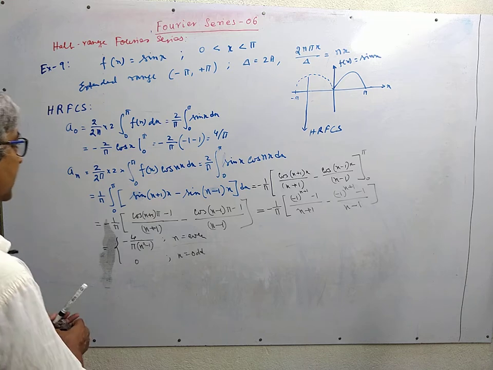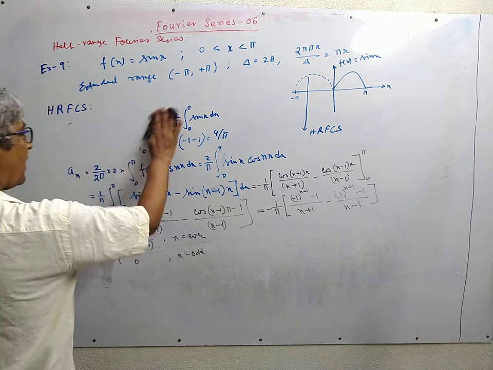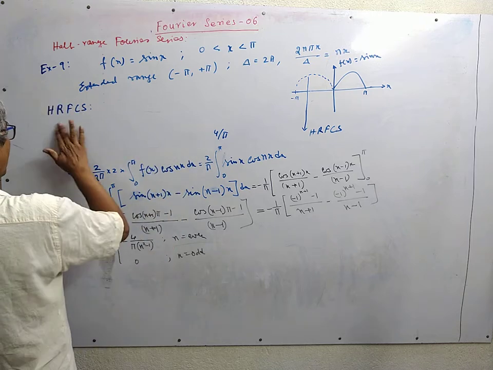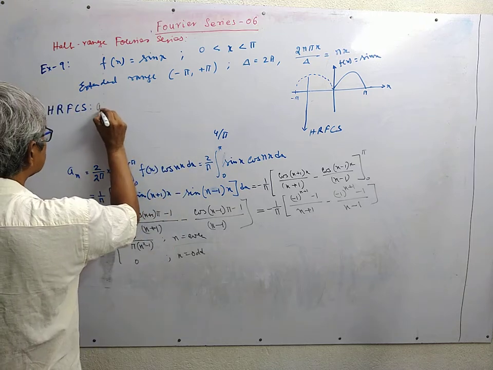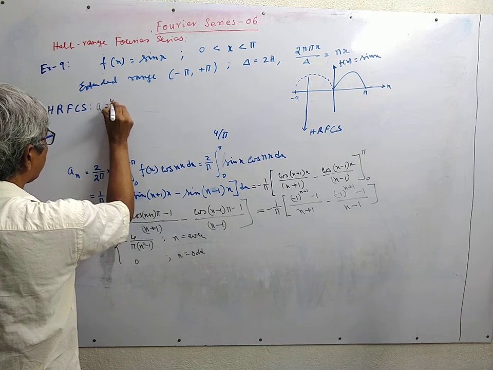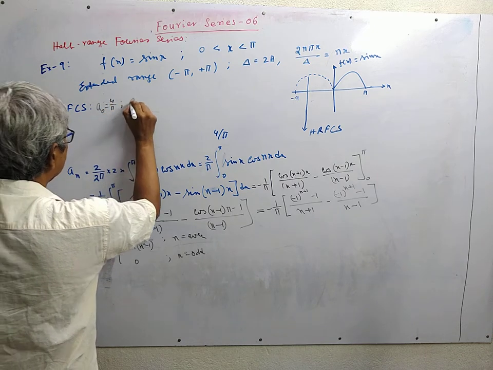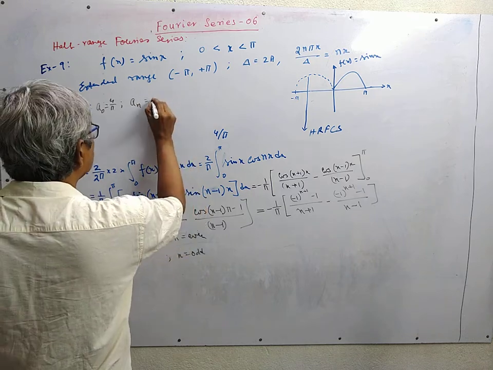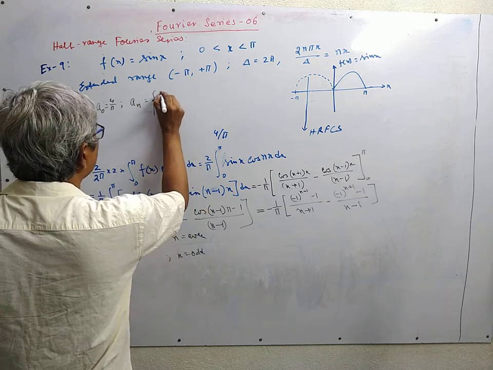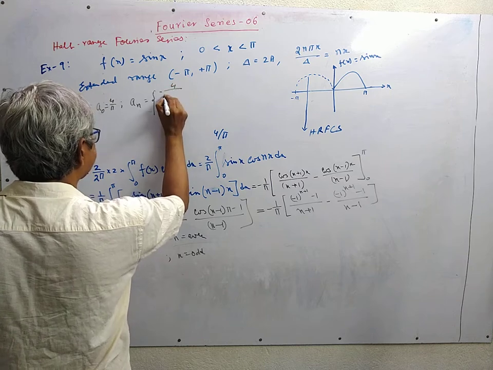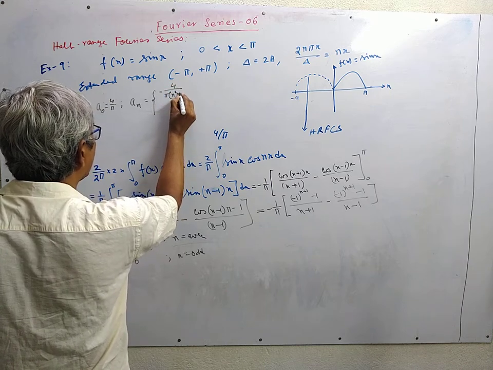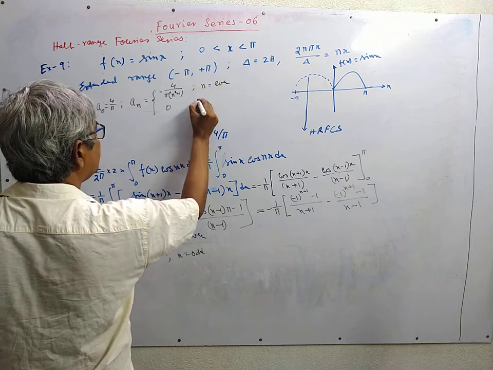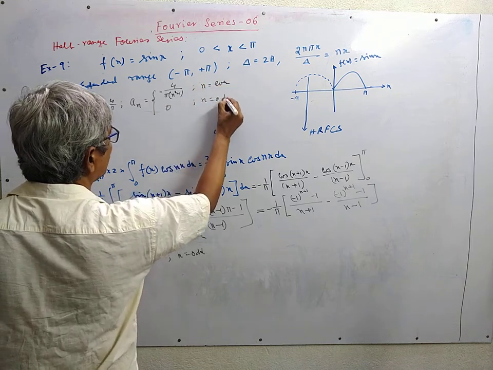So the summary is that for half-range Fourier series, A0 is 4 by pi and An is equal to minus 4 by pi n square minus 1 for n is equal to even and 0 for n is equal to odd.